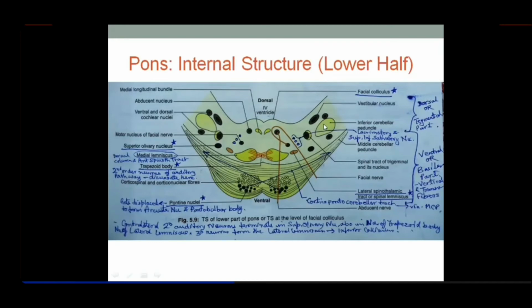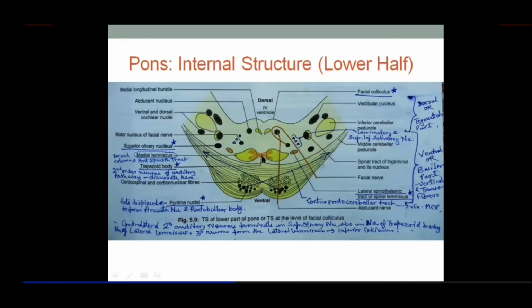From there these fibers relay in the cochlear nerve nucleus. Got it? From the cochlear nerve nucleus, the maximum fibers of these second order neurons reach the opposite superior olivary nucleus, right?